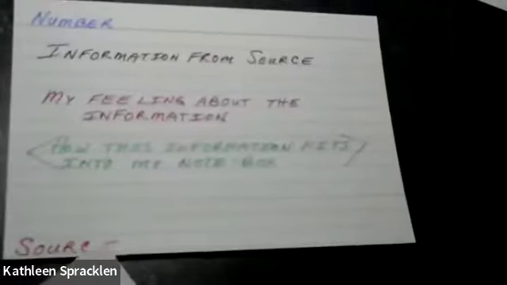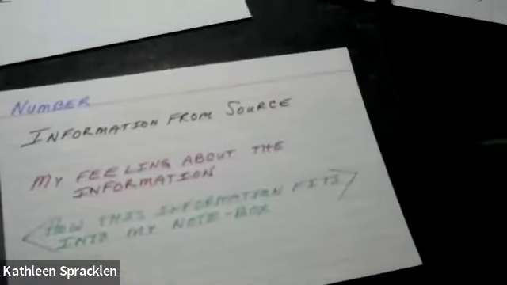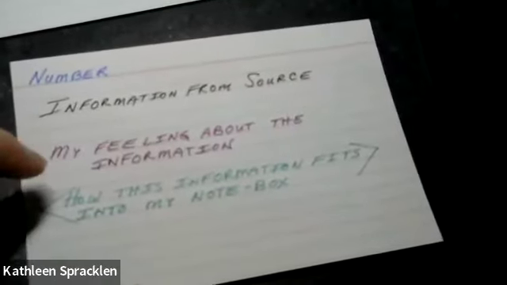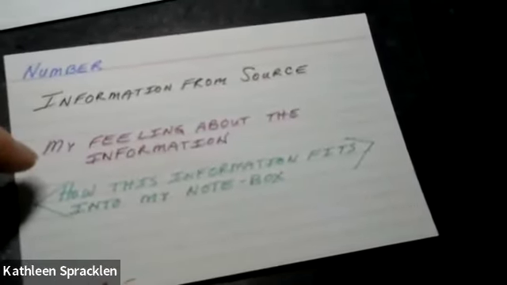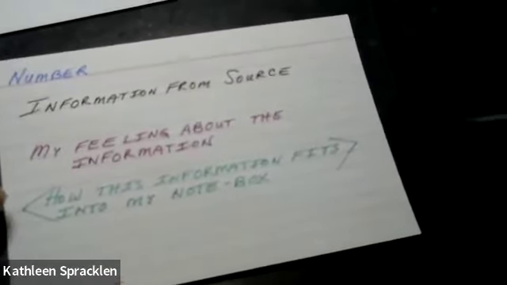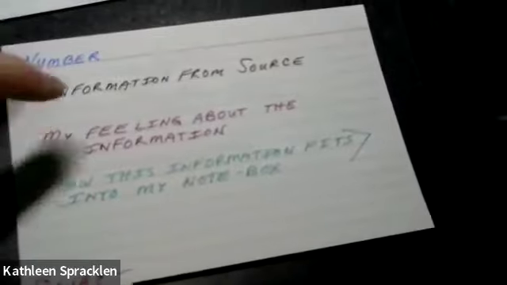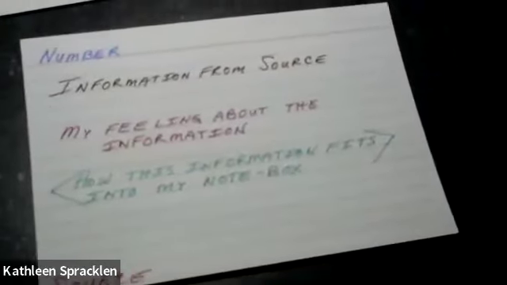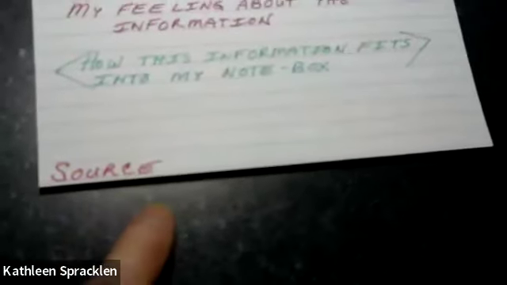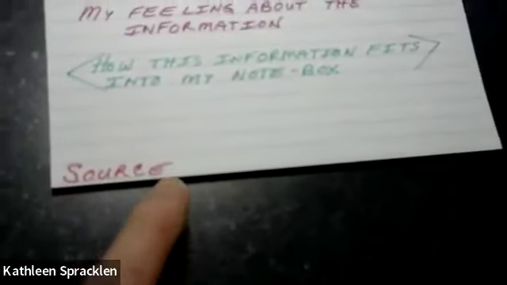It needs a number. It needs information that you got from somewhere. It needs your feelings about the information. And it also helps to have, but you don't necessarily have to have, how it fits into the other things that you've got in your notebox. And it's a very good idea also to indicate the source. Where did this information come from?